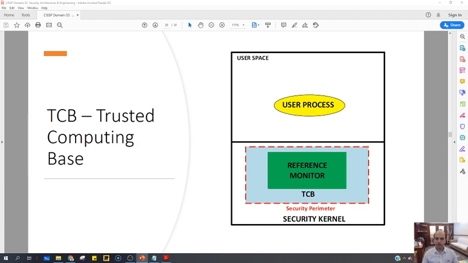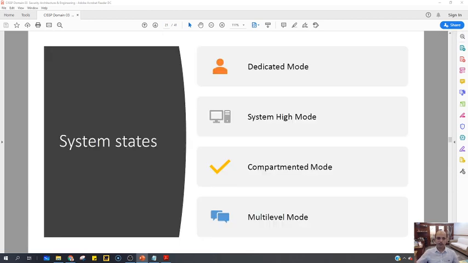The security perimeter ultimately will have all the security implementation, like the ACL and everything, implemented in the reference monitor. In the exam, they will directly put questions. They will either give you this diagram or some other diagram, and then ask where exactly the security perimeter will be. You can get questions like that in the exam, right?